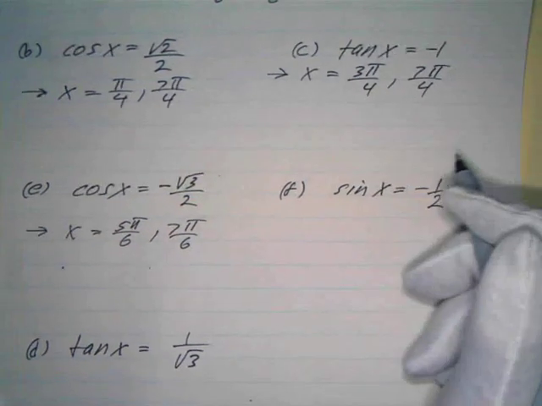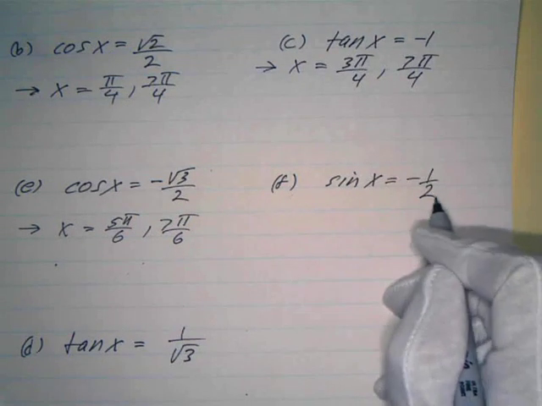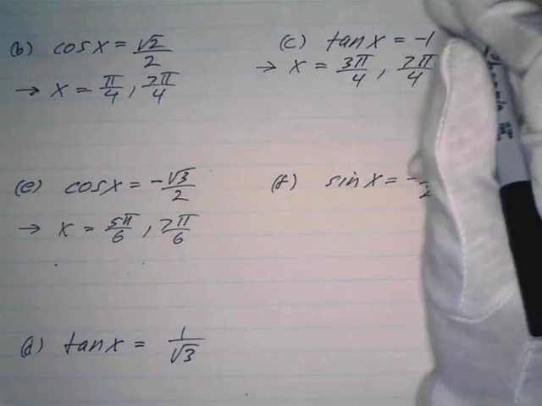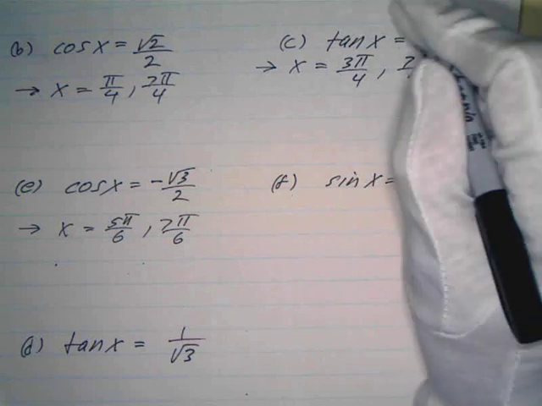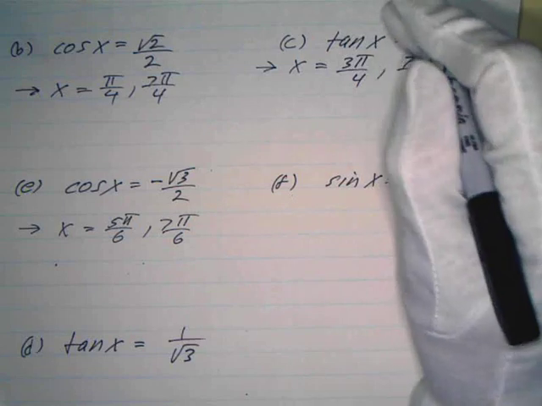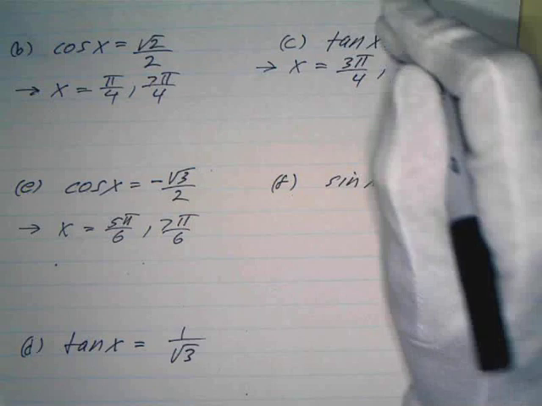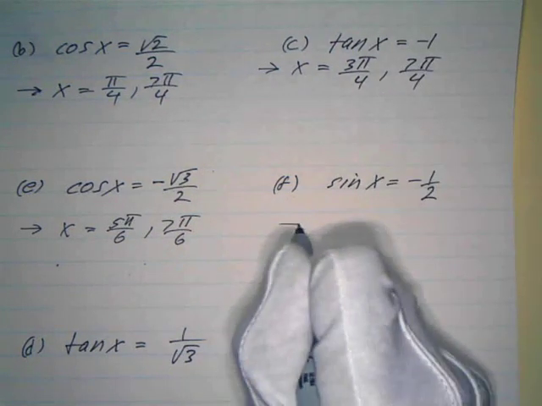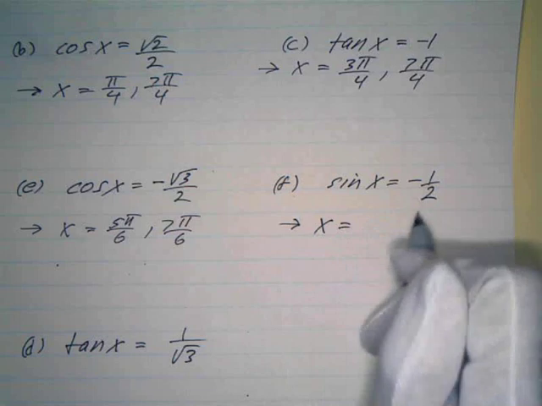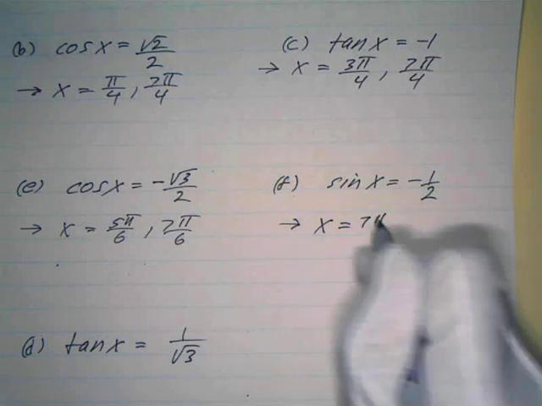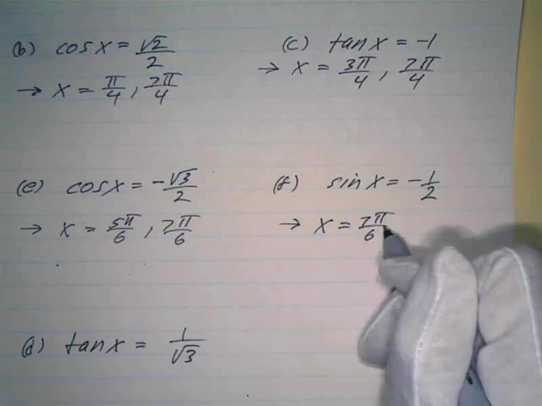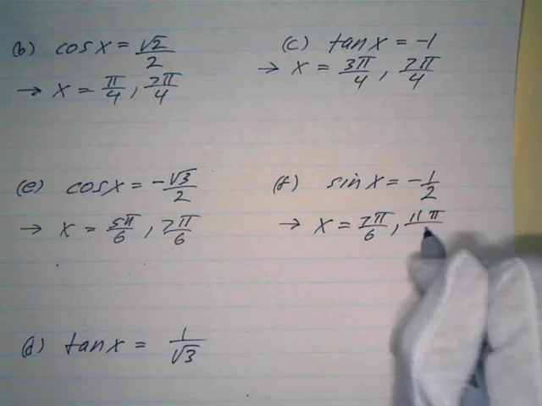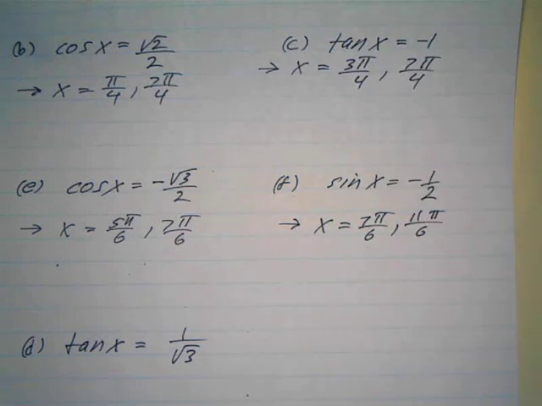Okay, the next one, the sine of x equals negative 1/2. Well, again, we know the sine of x equals 1/2 at pi over 6. But it's going to be positive in these two quadrants, 1 and 2, so it's going to be negative in these two quadrants. So this implies that x equals 7 pi over 6, that puts me in quadrant 3, and 11 pi over 6, that puts me in quadrant 4.